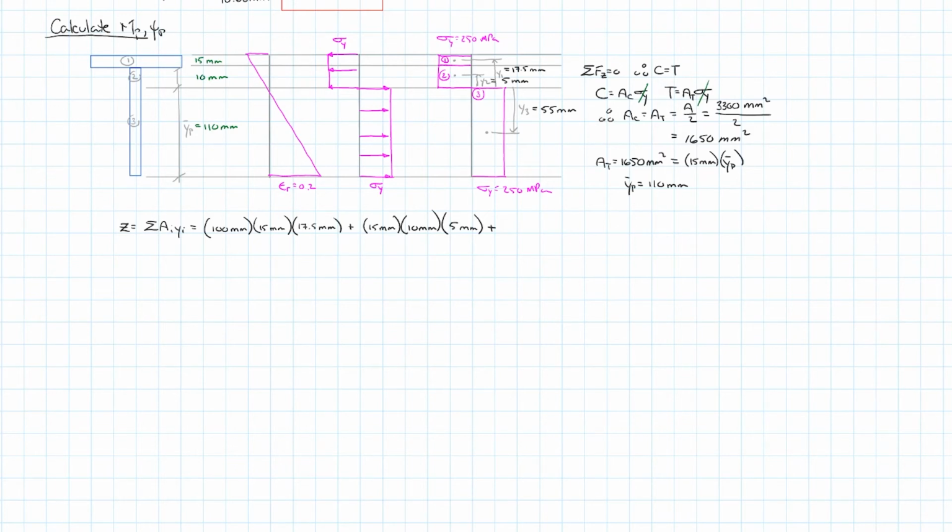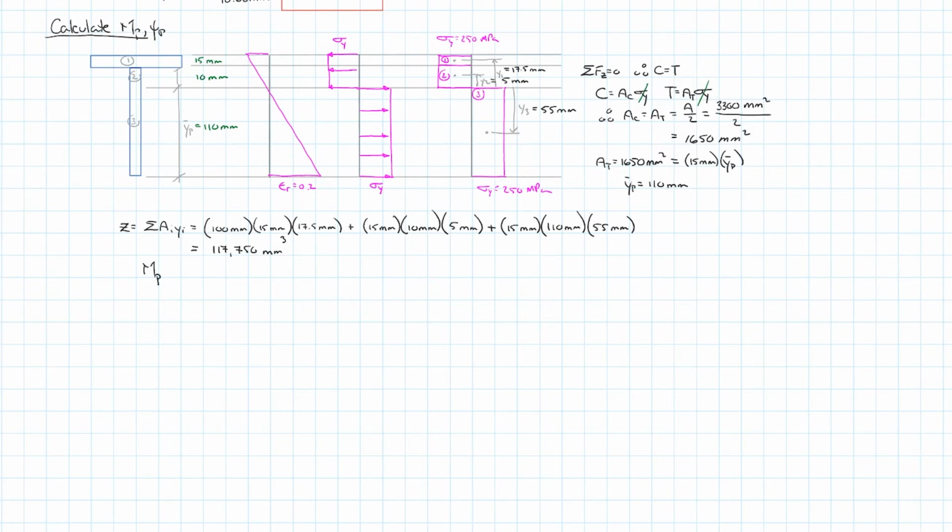And to that, we have to add area 3, which has our flange width of 15 millimeters, and Y bar plastic, which is 110 millimeters, and Y3, which is 55 millimeters. So we can run those through our calculator. We get a section modulus of 117,750 millimeters cubed.